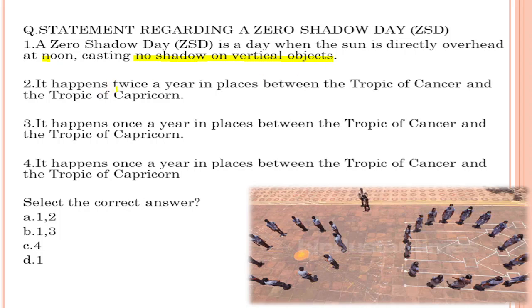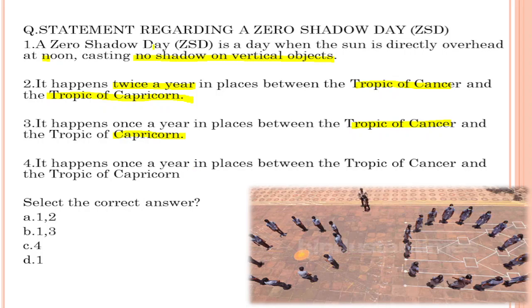Next, it happens twice a year in places between the Tropic of Cancer and Tropic of Capricorn. Third, it happens once a year in places between the Tropic of Cancer and Tropic of Capricorn. Fourth, it happens once a year in places between the Tropic of Cancer and Tropic of Capricorn, the same option.